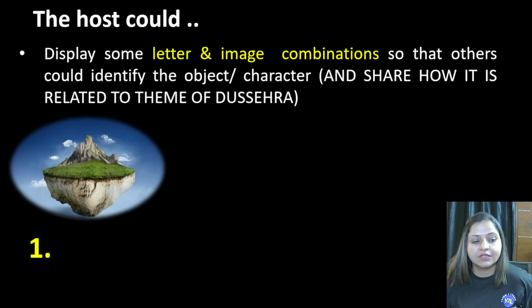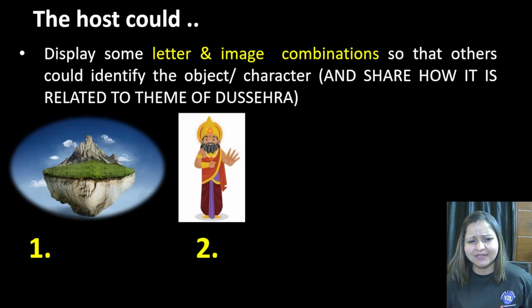For example, the first thing looks like some flying mountain. What does it remind you of? I'm not going to tell you. You need to tell me through the comment box. The second one looks like a king. I'm waiting for your replies. My mouth is sealed. So I have given it numbers.